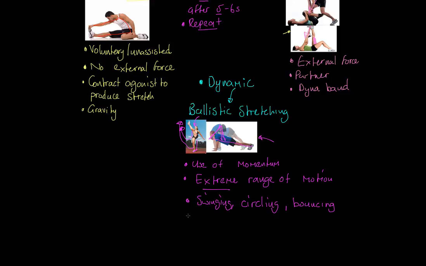And if we think about it, as this person swings their leg up here, what are they getting beyond? Well, they're getting beyond the point of stretch reflex. Remember, stretch reflex is that protection mechanism which stops the muscle stretching too far. Let me draw a probably horribly drawn muscle fiber in here. Muscle fibers are structured in this way.